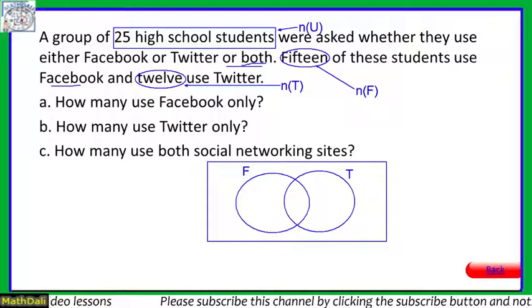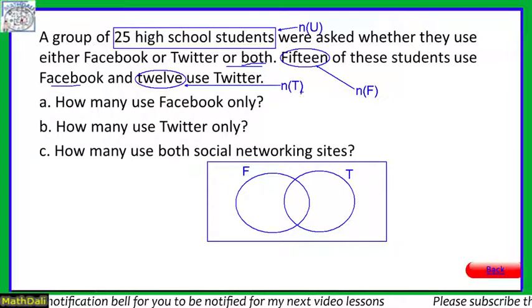Okay, so yan. So, una, hanapin muna natin yung intersection ng dalawang set. Okay, so para makuha yung intersection, kailangan lang natin gawin, total natin yung cardinality ng dalawang set. Yung set F at saka yung set T. Gawin natin dito.